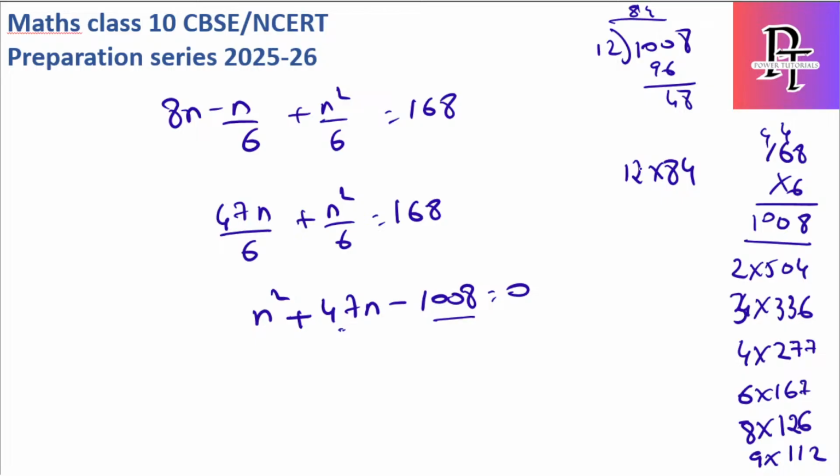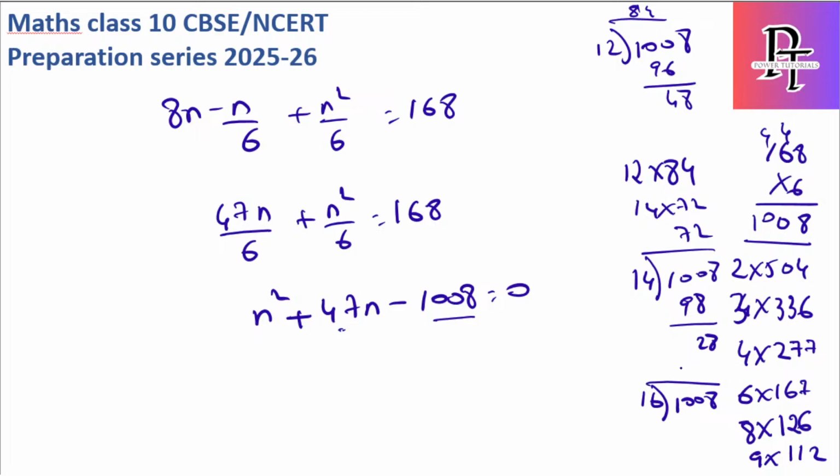Let's check 14. 14 into 72. 15 definitely will not happen. 16 into 63, and the difference of 63 and 16 is 47.